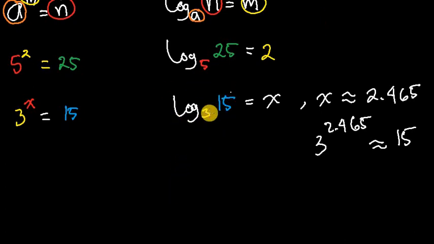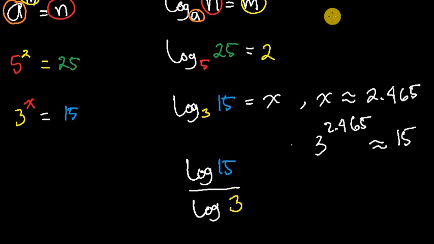Once again, if your calculator doesn't support this, we can always use log 15 divided by log 3, where 3 is our base. This should equal 2.465. That is how to calculate.